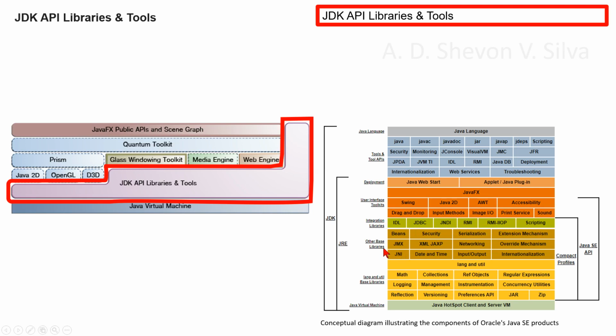Other base libraries are beans, security, serialization, extension mechanism, JMX, XML, JAXP, networking, override mechanism, JNI, date and time, input/output, and internationalization. Then the lang and util base libraries: math, collections, ref objects, regular expressions, logging, management, instrumentation, concurrency utilities, reflection, versioning, preferences API, JAR, the Java Virtual Machine, the Java HotSpot client, and server VM.